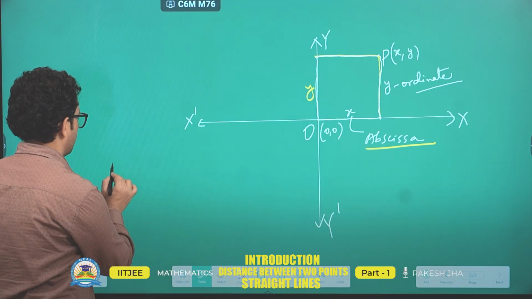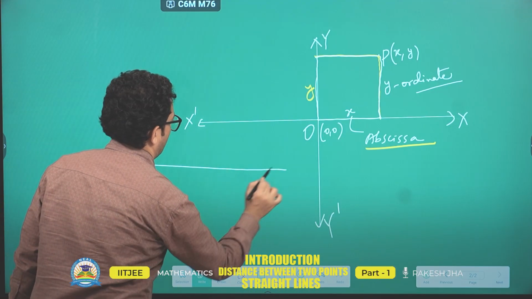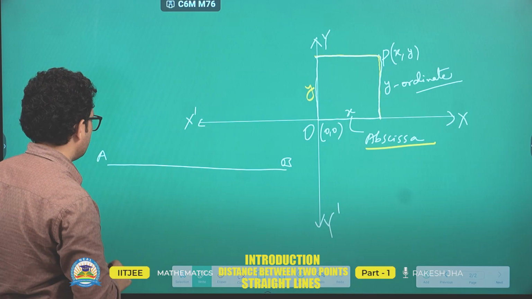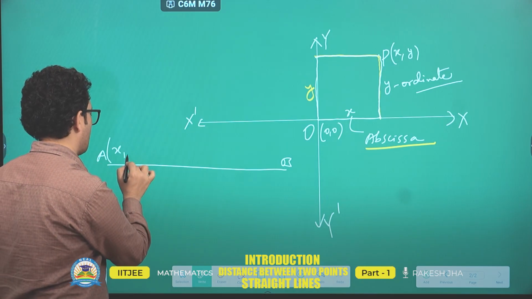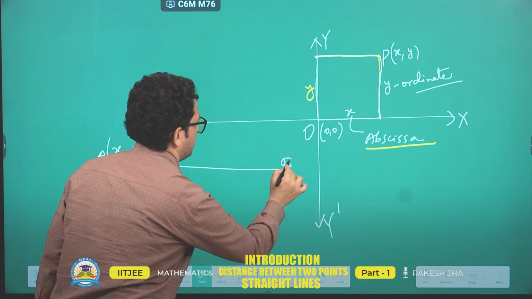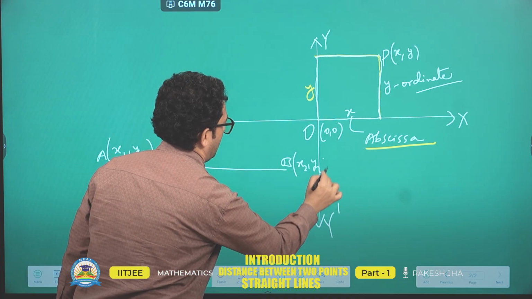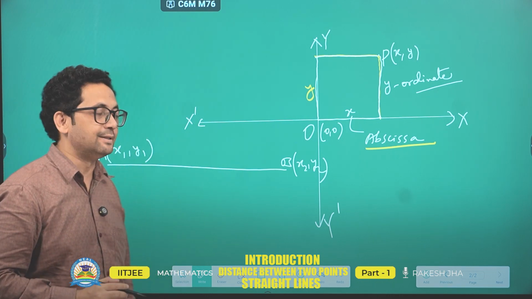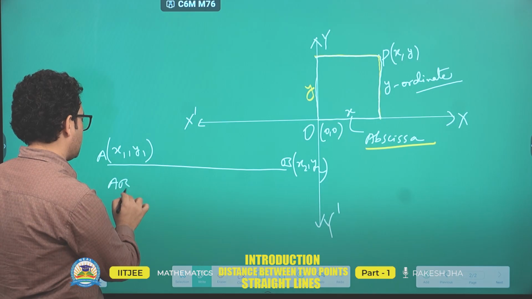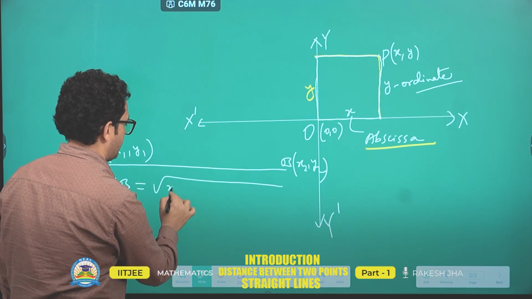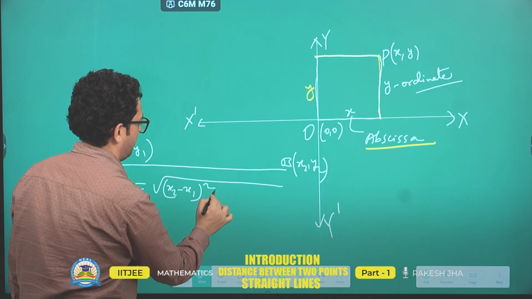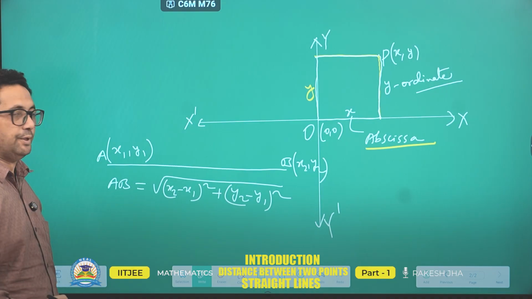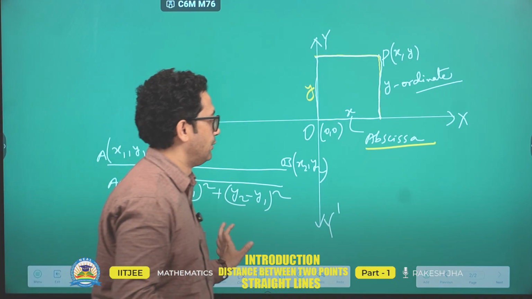In the coordinate system, if there are 2 points on a straight line, this is the line segment AB, where A is suppose x1 comma y1 and B is x2 comma y2, then we know from our basic geometry in 10th grade also, distance AB will be root under (x2 minus x1) whole square plus (y2 minus y1) whole square. So in the next slide we are just going to prove this, how it is.